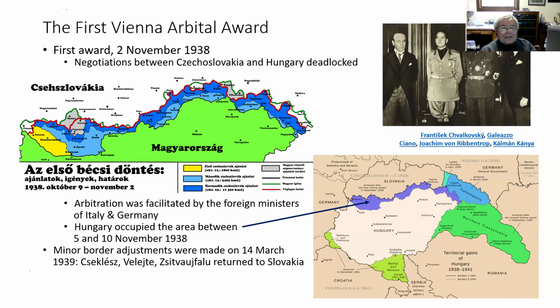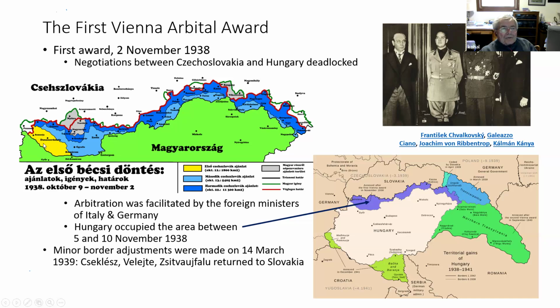Because Hitler advocated the return of the German-speaking areas of Bohemia to the Reich, Hungary was kind of dovetailing its demands for the revision along the ethnic boundary between Slovakia and Hungary. So negotiations started in November of 1938 between the two governments, and this map shows the different proposals.